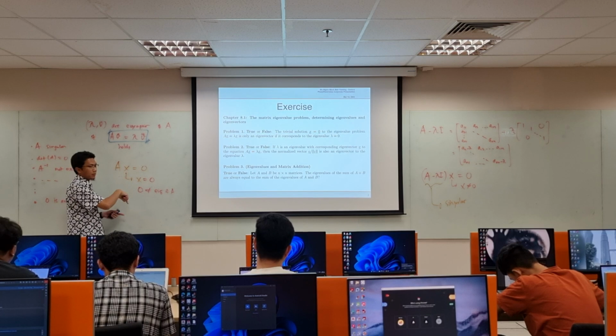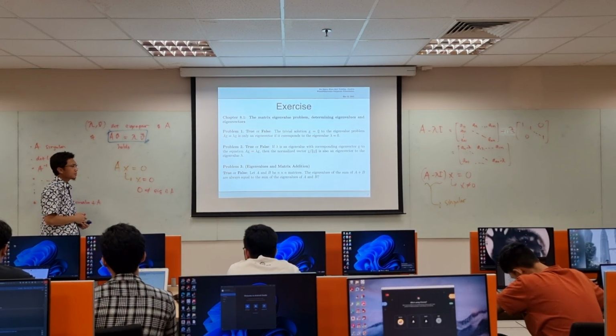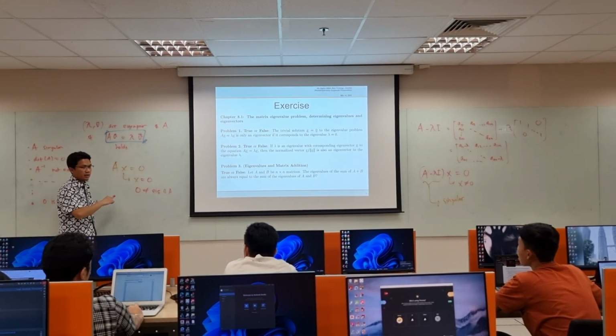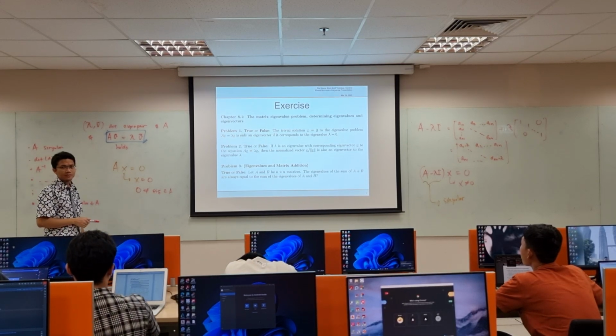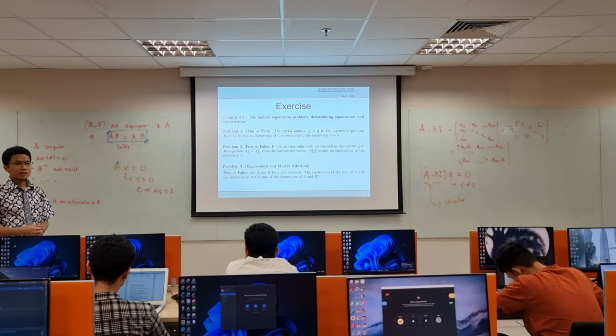I'm just reversing the statement. If x equal to 0 is the only solution to this, then 0 is not an eigenvalue of A. Is this okay?